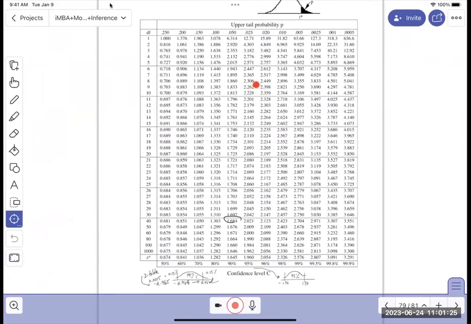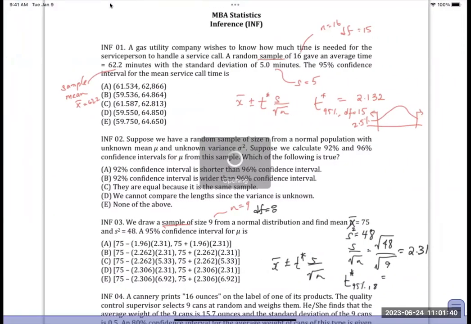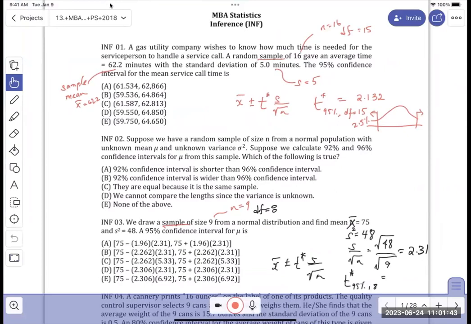It's 2.306 over here. So you don't have to actually calculate the upper and lower limits. I'm just giving you the options, and the best answer is D.